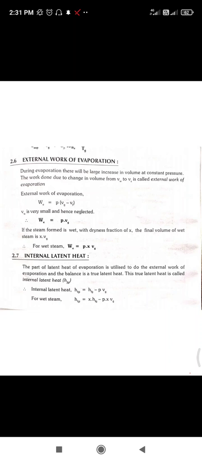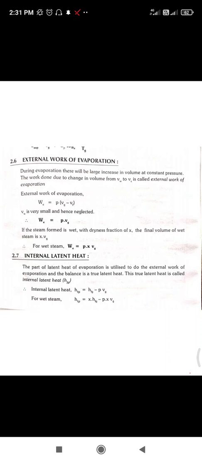We have learned about the internal latent heat. Now we learn about the internal energy of steam. What is the internal energy of steam? The internal energy of steam is the actual energy stored in the steam above 0 degrees.